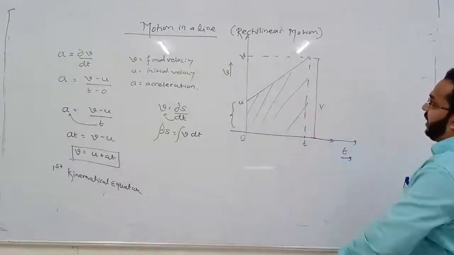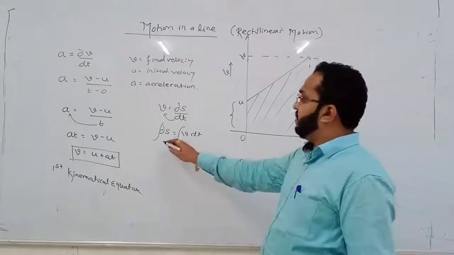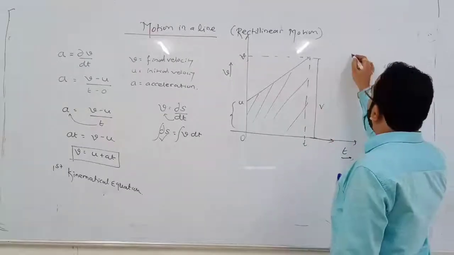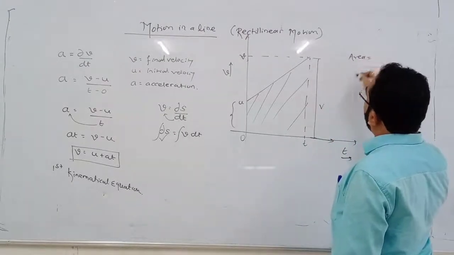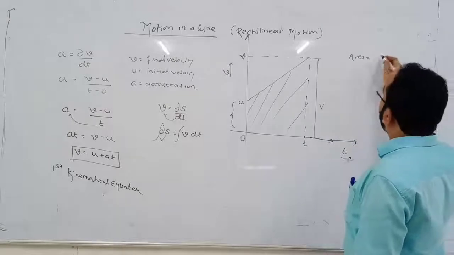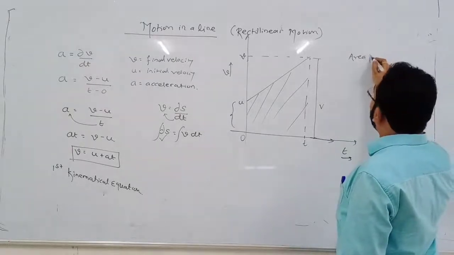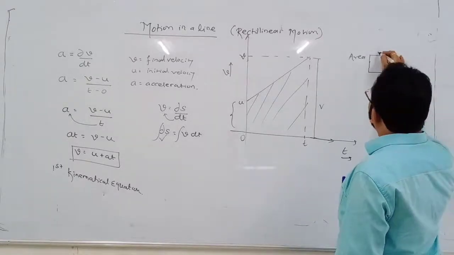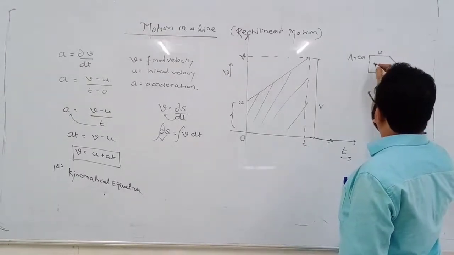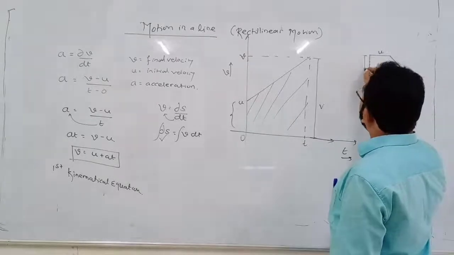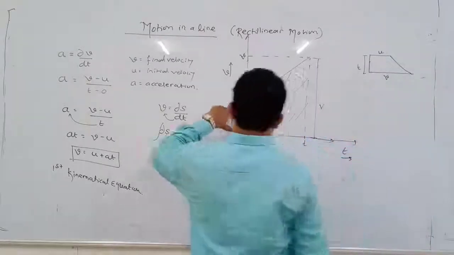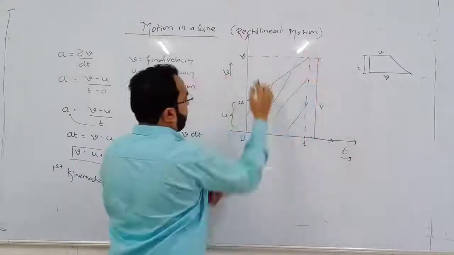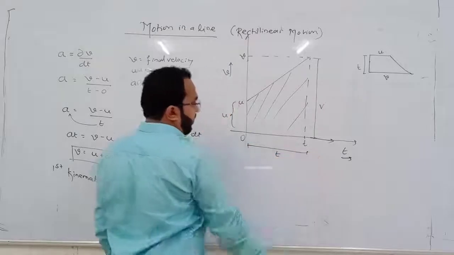If we want to find the area of this curve, which gives us the displacement, what is the area? What is this figure? If I draw this figure properly, it is a figure in which this is u, this is v, and this side is t. See, this is u, this is v, and this side is t.